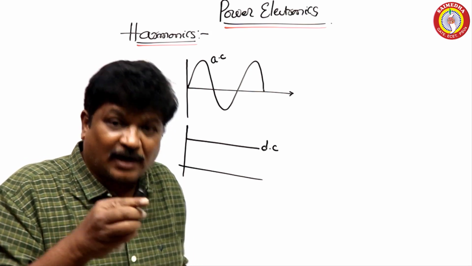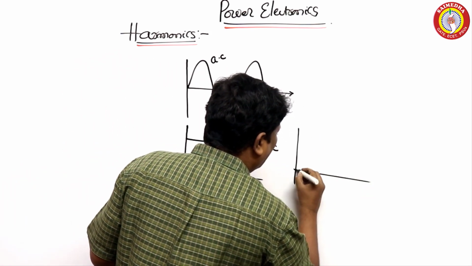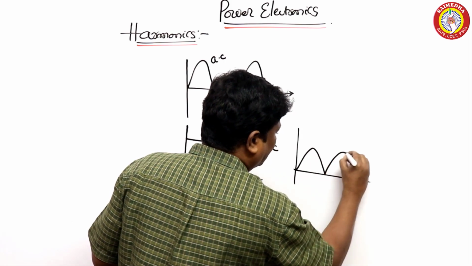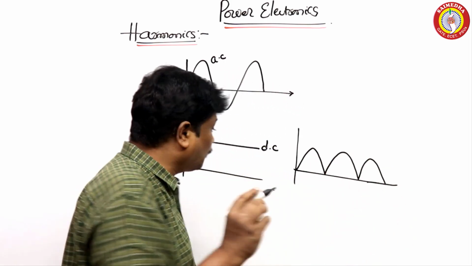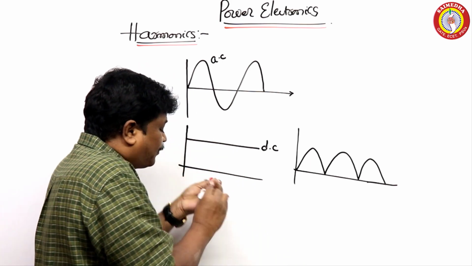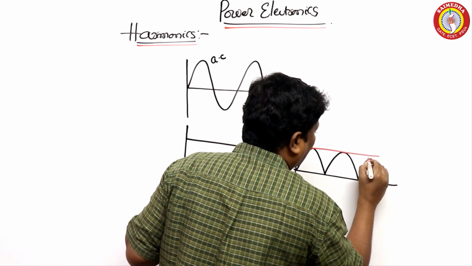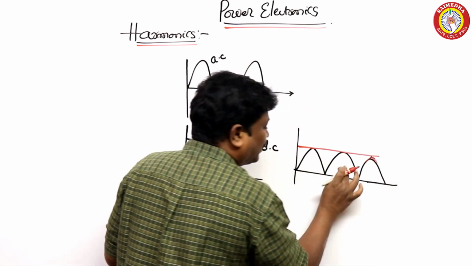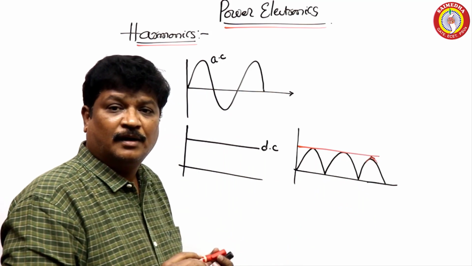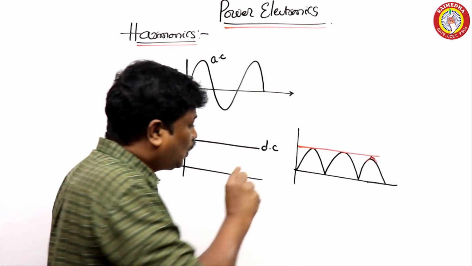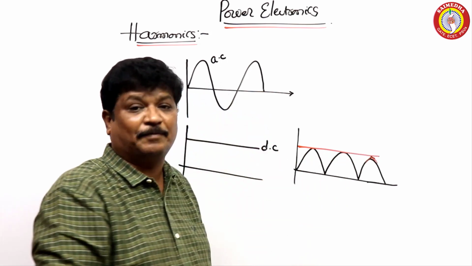Suppose you take a full wave rectifier, the output may be like this. But what type of output is required? You require this type of output, but you got only this output. You are not obtaining the required output. So everything you see, unwanted quantities take place in the supply.